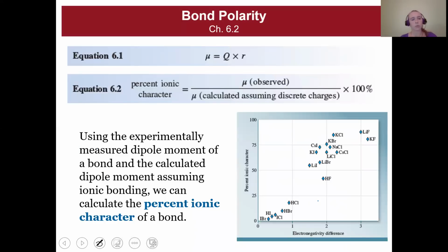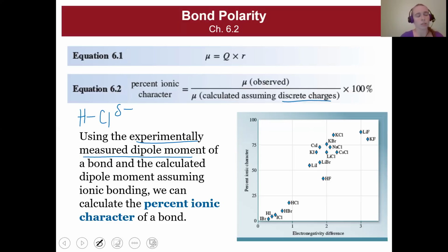We can also use the experimentally measured dipole moment of a bond and compare it to the calculated dipole moment if we assume ionic bonding. So for example, if we assume that in HCl, instead of assuming partial charges, we assume discrete charges. That's what it means in this equation.